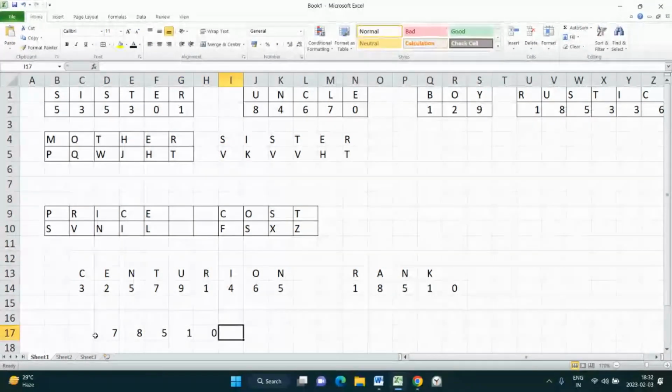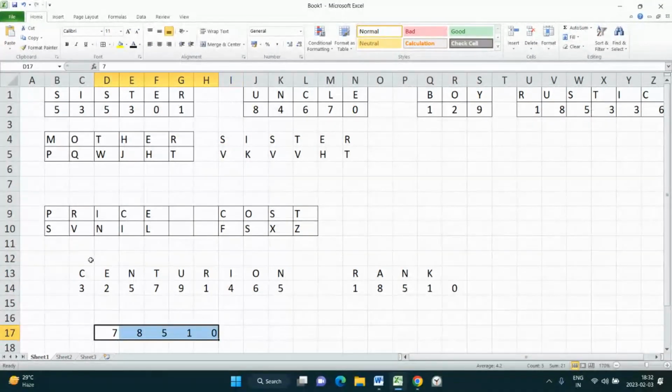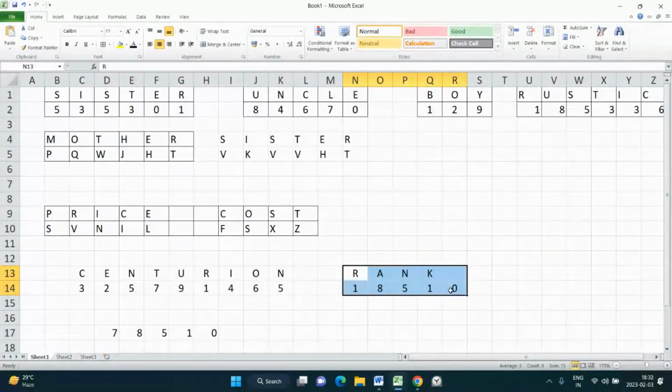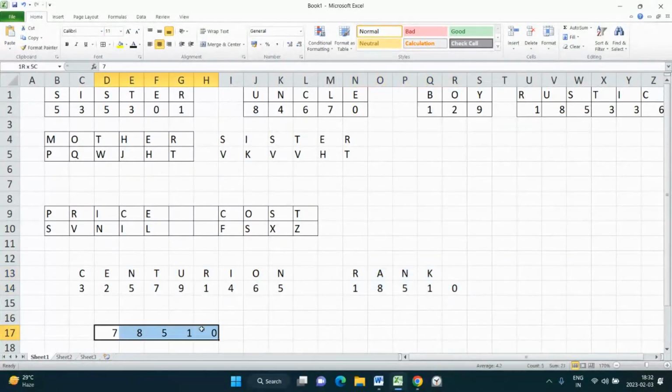What will be the representation of this? Centurion is coded as this, rank is coded as this, and what will be the value equivalent of 78510?